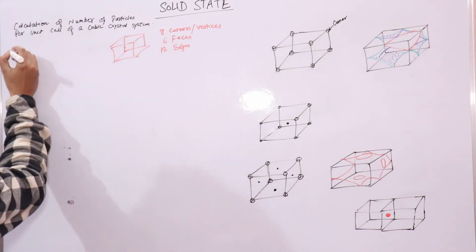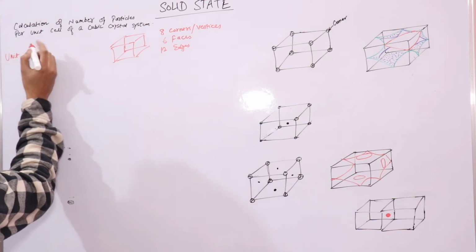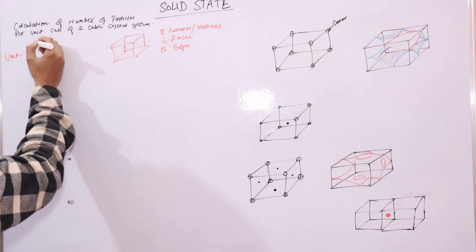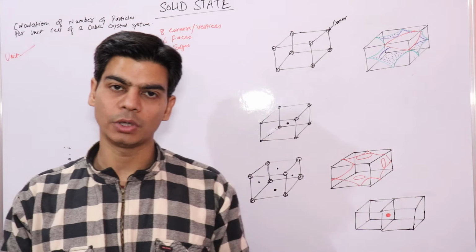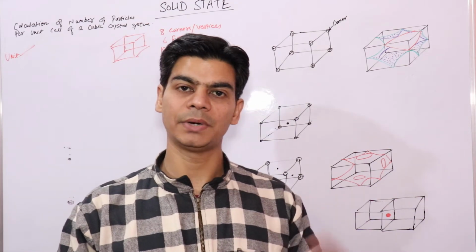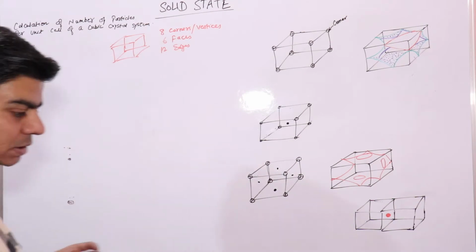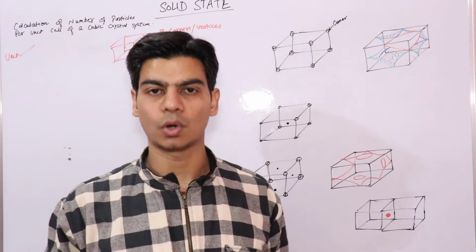And we have already studied the types of unit cells. Primitive is the basic form of unit cell that has particles arranged at the corners.